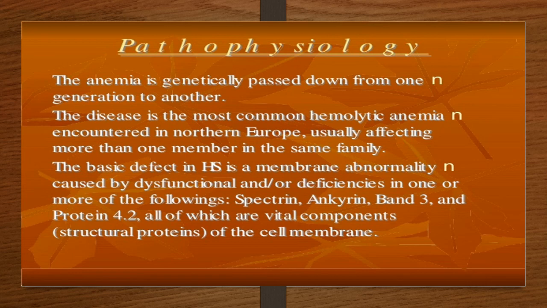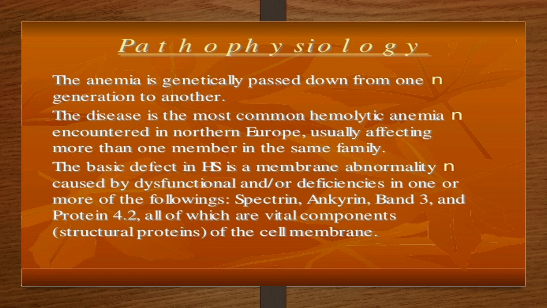Coming on to the pathophysiology, the anemia is generally passed down from one generation to another. The disease is the most common hemolytic anemia encountered in Northern Europe, usually affecting more than one member in the same family.